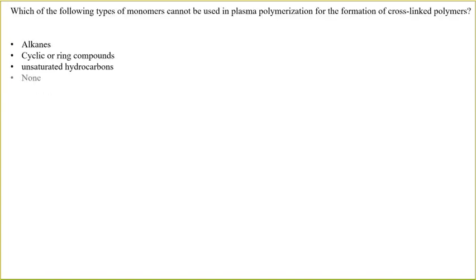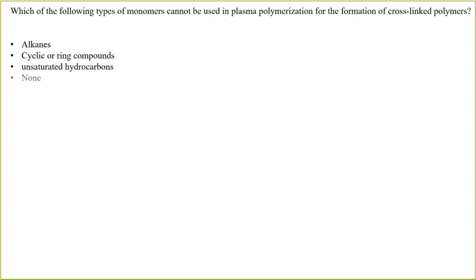Which of the following types of monomers cannot be used in plasma polymerization for formation of cross-linked polymers? So in plasma polymerization, you need very high temperatures for the cross-linking of polymers.